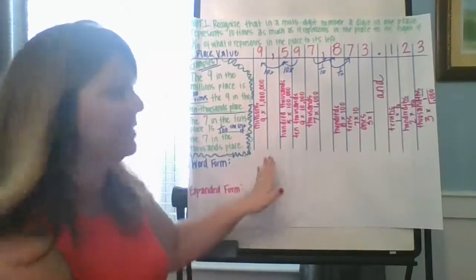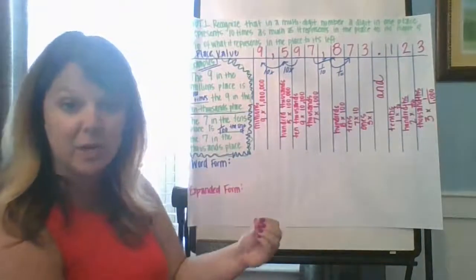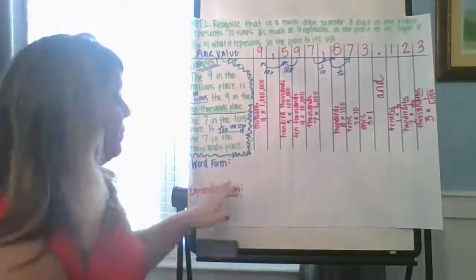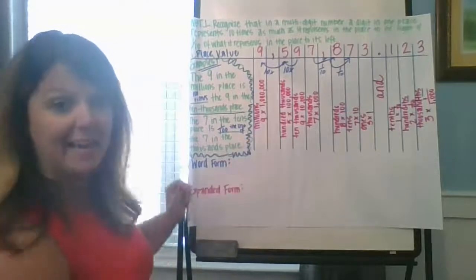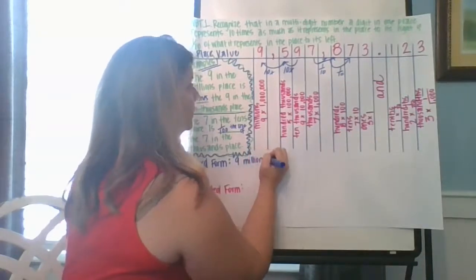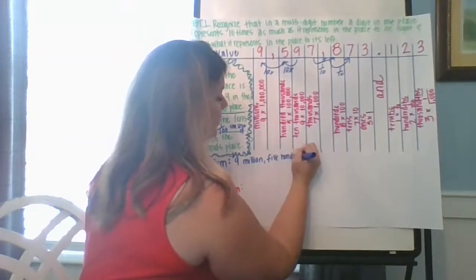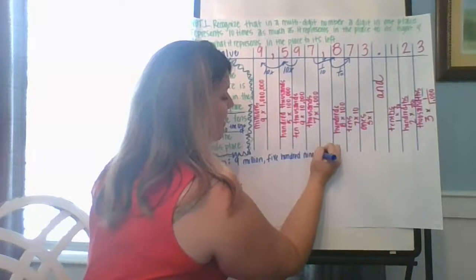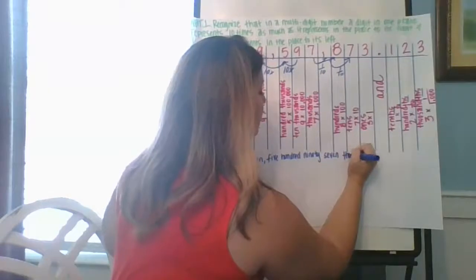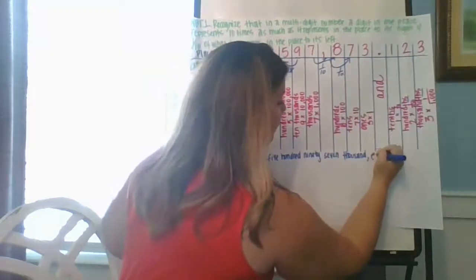Unit 1 actually focuses just on the whole number, but we will get to the decimal place value in Unit 2. So I do want to go ahead and include that and start exposing you to how to read this number properly. So I'm going to write the word form of the number just like I said it. 597,873.